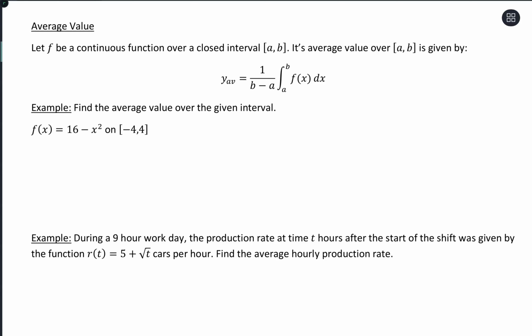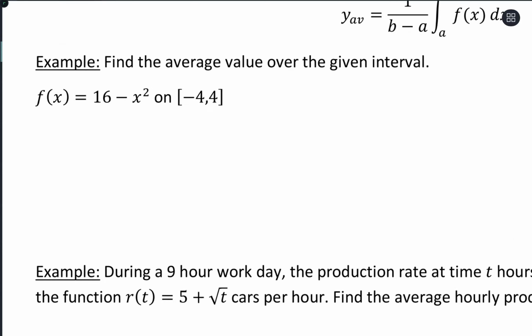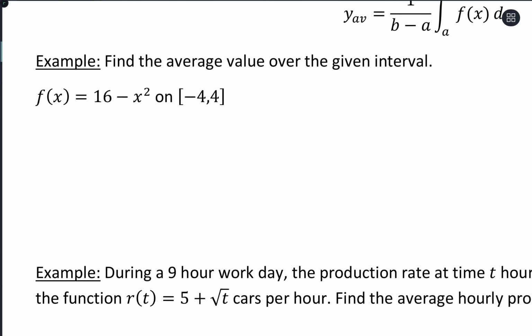So find the average value over the given interval. We have our function 16 minus x squared, and we're looking from -4 to +4. What we'll do with this one is find our average value. It'll be 1 over, where a is -4 and b is +4.